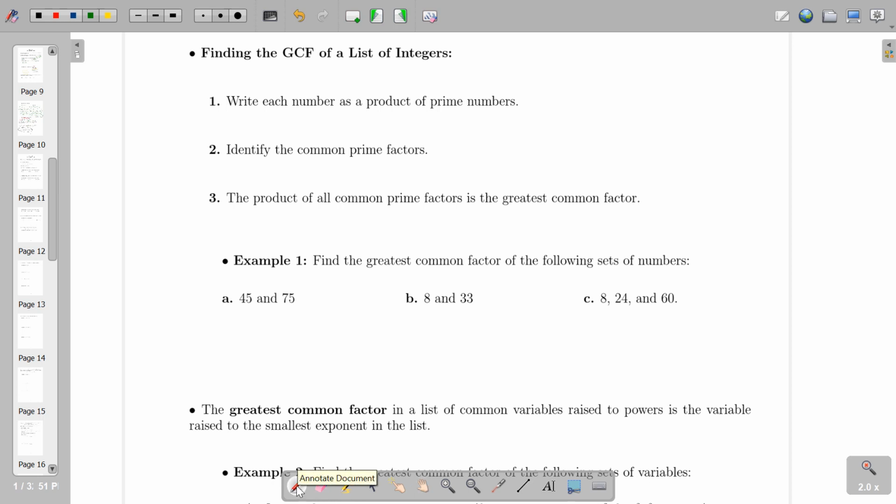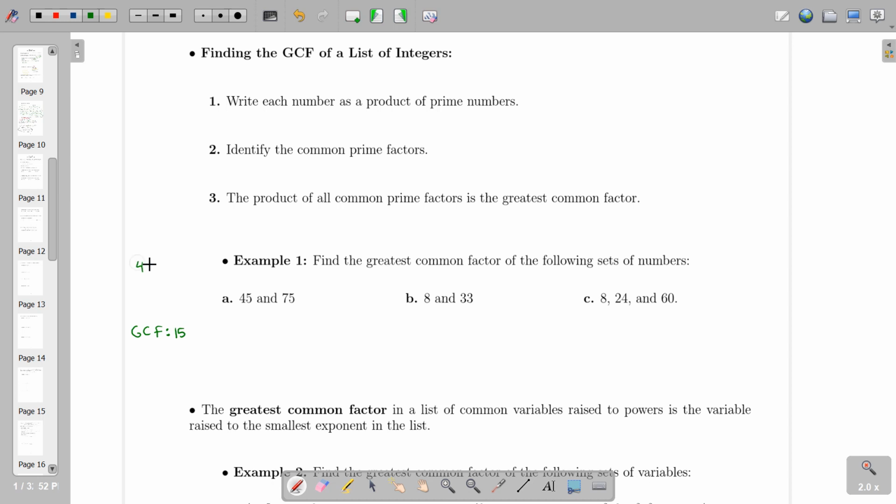If I ask you what's the greatest common factor of 45 and 75, what I'm asking you to do is tell me the very largest number that could divide evenly into 45 and divide evenly into 75. On the one hand, you may be able to just look at these two numbers, and you've had enough experience with numbers to know that the greatest common factor is 15.